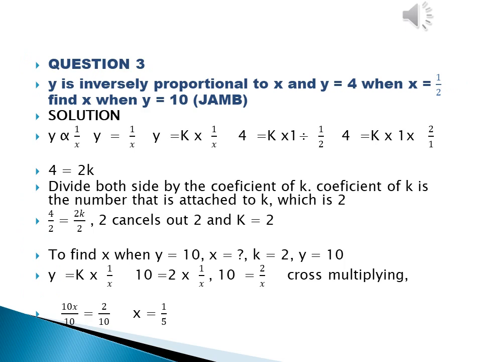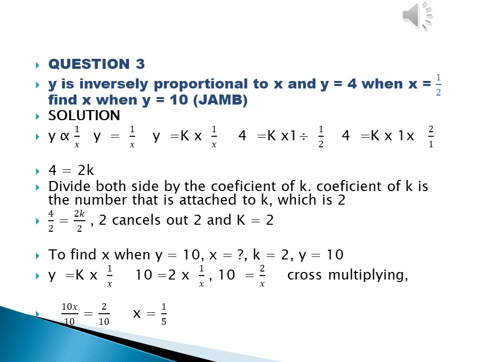Question number 3. Y is inversely proportional to X, and Y is equal to 4 when X is equal to half, which is 1/2. Find X when Y is equal to 10. Solution: Y varies inversely as X means Y is equal to 1/X.